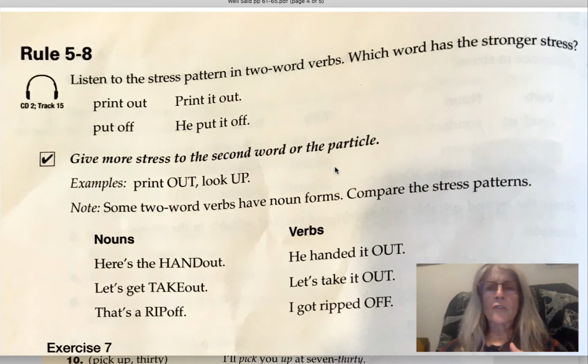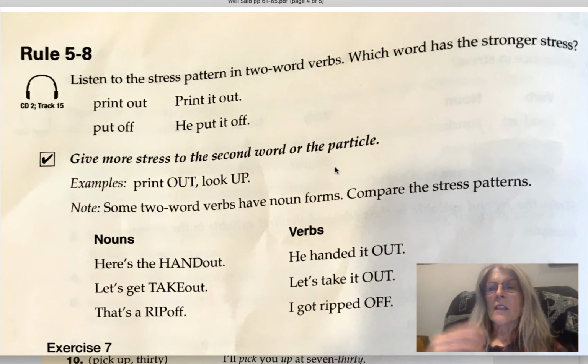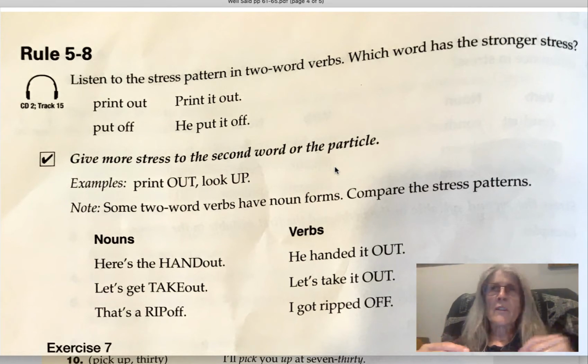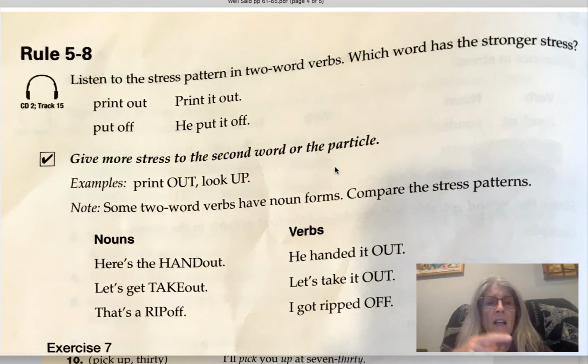Those are often used as particles because they're being paired with a verb, so we'll call them particles, not necessarily a preposition. When we use them as a preposition, we're usually using them with a noun phrase that follows. So when we're using it with a verb, then they're often called particles, okay? So print out. Could you please print that out?